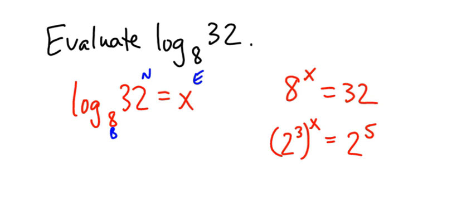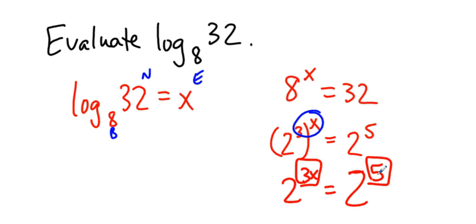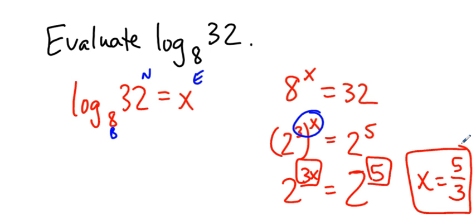Well, you and I both know from a previous lesson that when you have a power to a power, those exponents multiply. And so if 3x is equal to 5, x is 5/3.